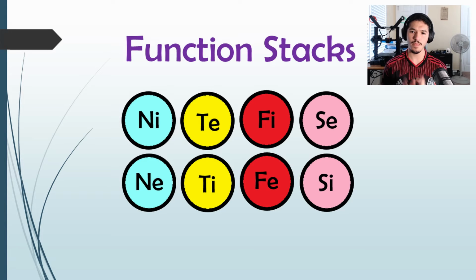So, yes. In the cognitive functions, how function stacks work is the first function is going to be either introverted or extroverted, and whatever your first function is, the second function is going to be the opposite of it.